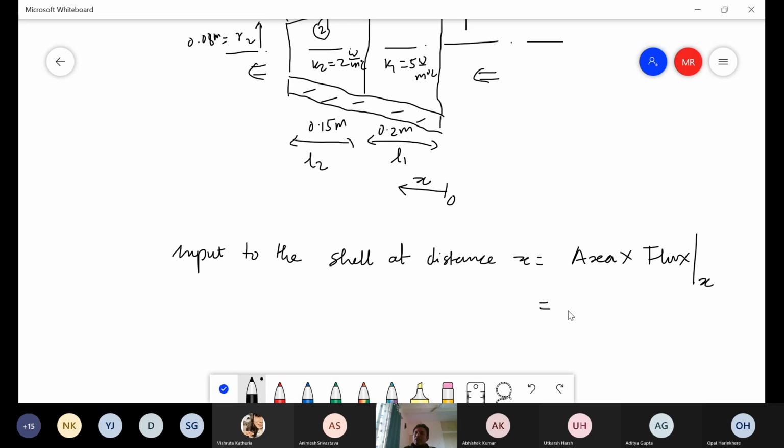The area at that location is pi r square, the cross sectional area, into flux, which in this case is Qx at the location X. Similarly, the output will again be area into flux, so that will be pi r square Qx at the location X plus delta X. Correct?